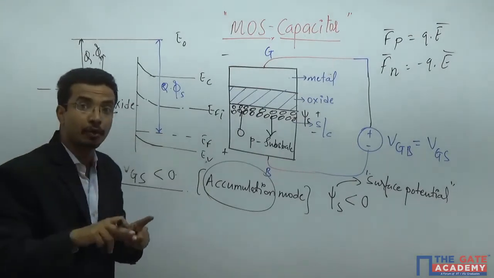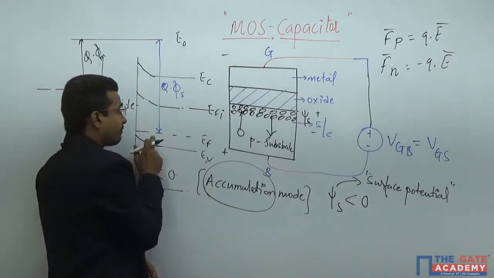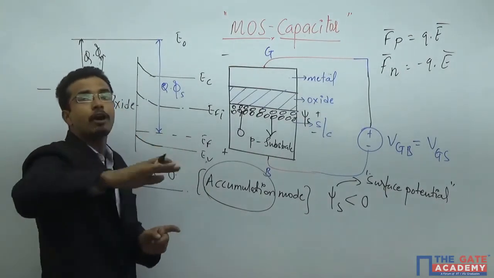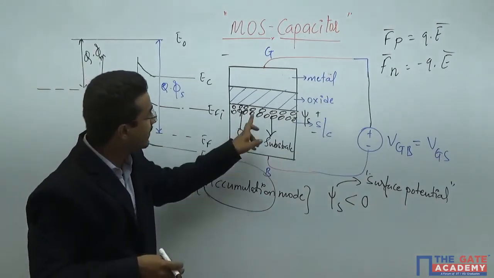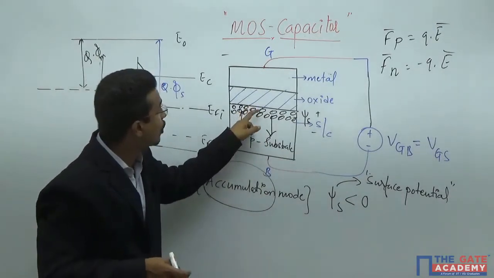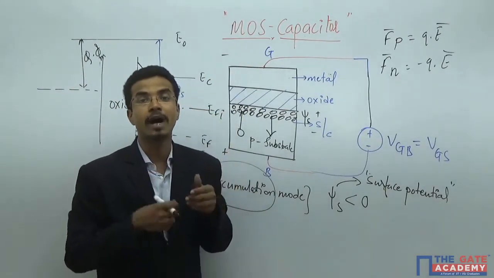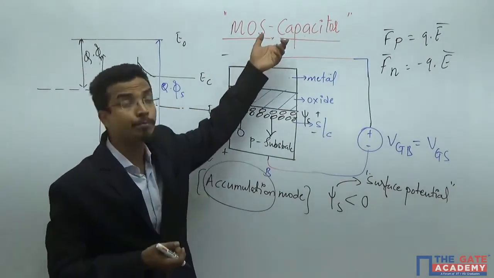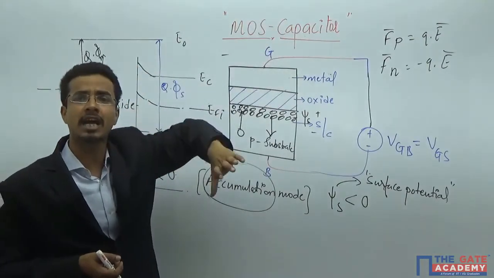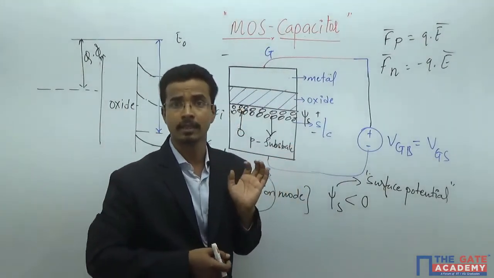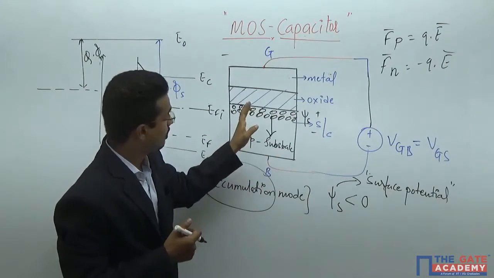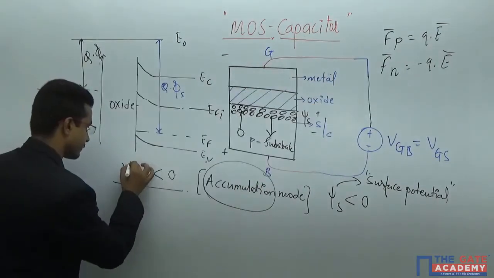But please make sure there is no difference in the EF. This will always be flat because you are not getting an overall current. These holes are not moving here. This is a key point why the MOS capacitor is so popular. Here you will get the equilibrium condition all the time. You will never get any current from here to here.